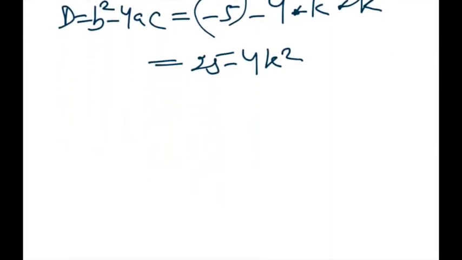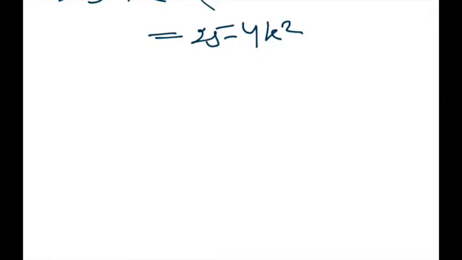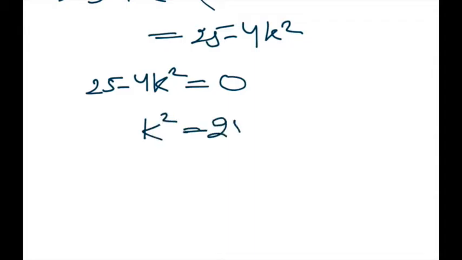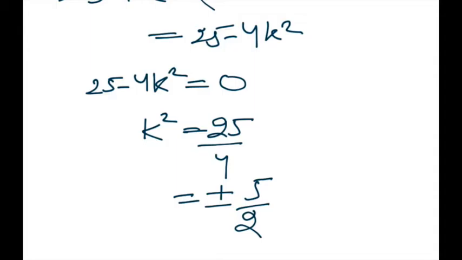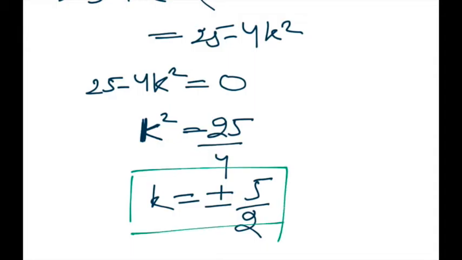So this equation will have real and equal roots if discriminant is 0, which means 25 minus 4k square is equal to 0, which means k square is 25 by 4. Therefore k is nothing but plus minus 5 by 2. Never ever forget putting plus minus whenever you take under root of a square term. So k is equal to plus minus 5 by 2.